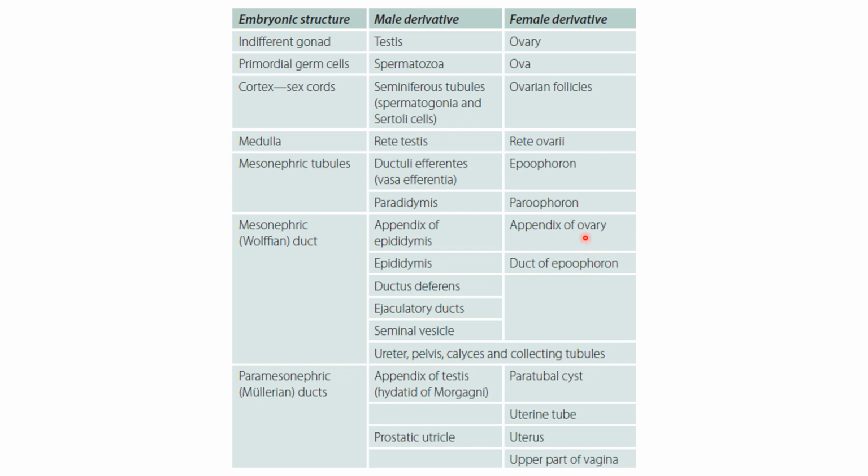In the female counterpart, the appendix of the ovary and the duct of the epoophoron are derivatives of the mesonephric duct. Now comes the paramesonephric duct or Mullerian ducts. The remnant in the male will be the appendix of the testis and the prostatic utricle. In the female, it forms the uterine tube, uterus and upper part of the vagina. Sometimes it gives rise to a paratubal cyst also.